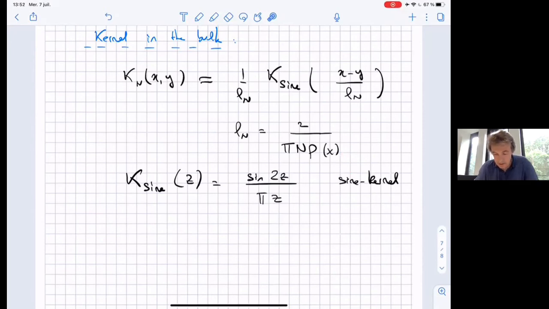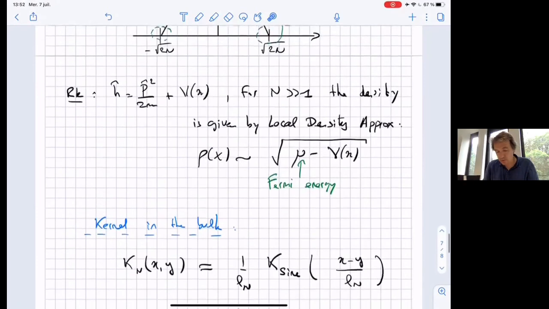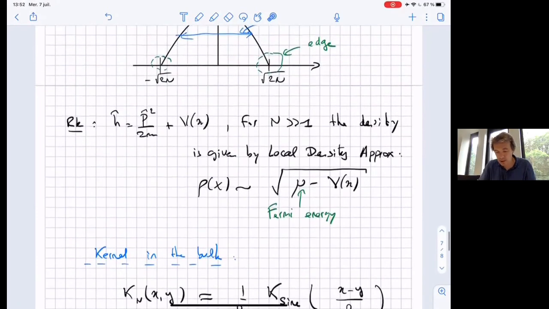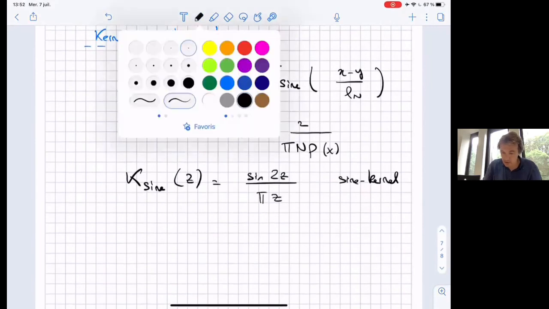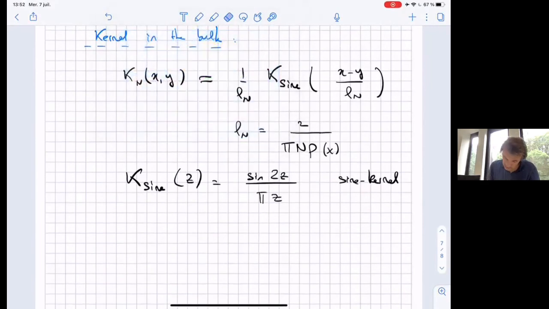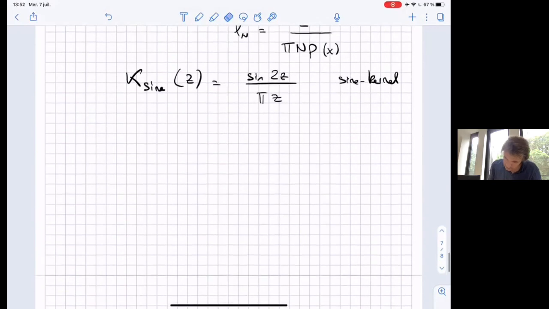And it turns out that when you now consider two points close to the edge, of course, they start to see the variation of the potential, and you also lose the translational invariance. So the kernel is then not translationally invariant anymore, and it takes the scaling form that I want to discuss now.